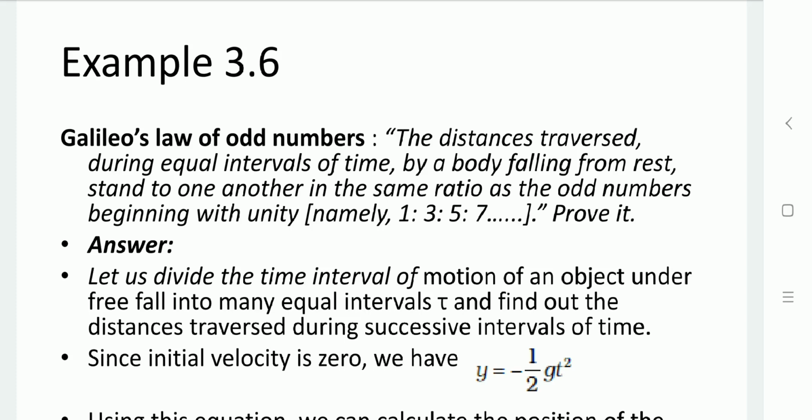That time duration let us define as tau. And then we are going to find out the distance traveled within this time duration. Initial velocity is 0, so distance y equal to minus 1/2 gt square.